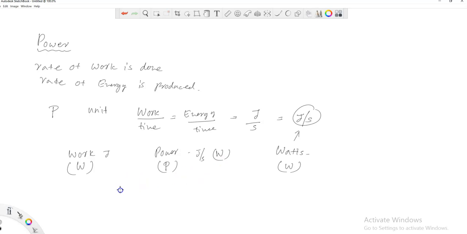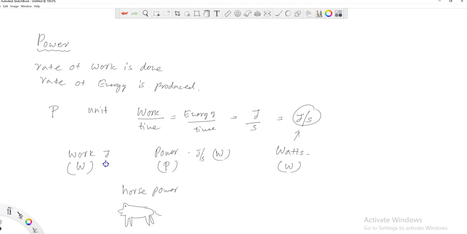Traditionally, people use this traditional unit which is horsepower, right? You know, that animal with 4 legs which can run really fast. Horsepower. It's an old-fashioned unit, but still widely used, especially when it comes to vehicle engines.